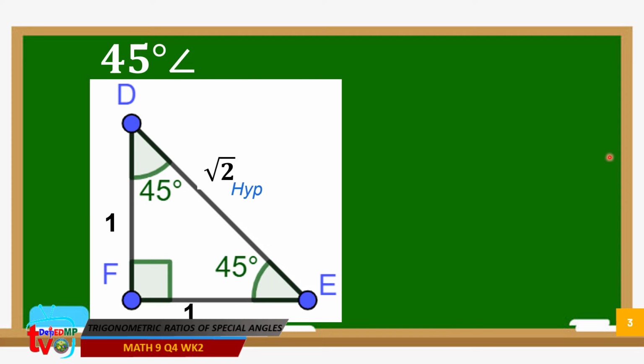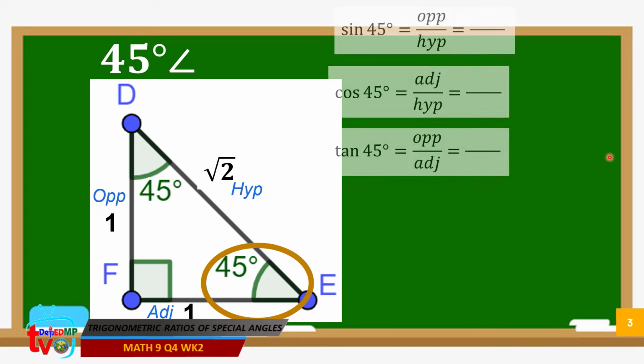Now, the hypotenuse is line segment DE, and since our reference angle is angle E, then line segment DF is the opposite side, line segment EF is the adjacent side. And let us just recall that sine of 45 degrees is opposite over hypotenuse. So that is 1 over square root of 2.